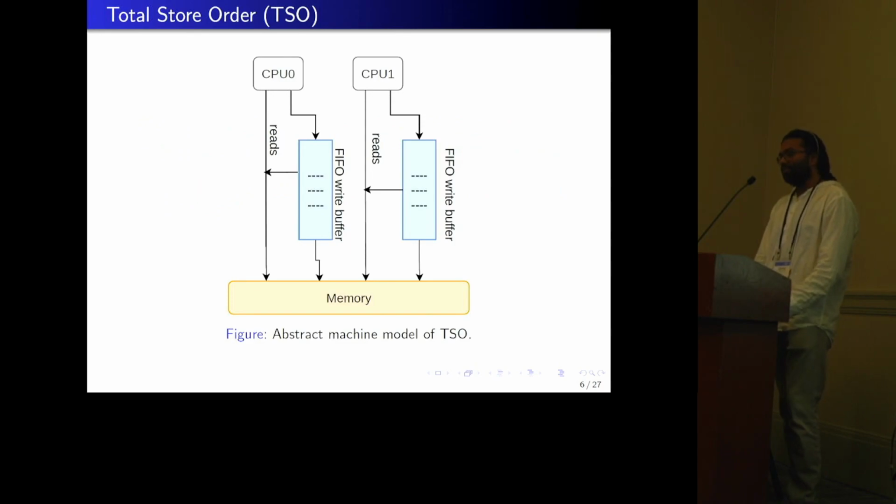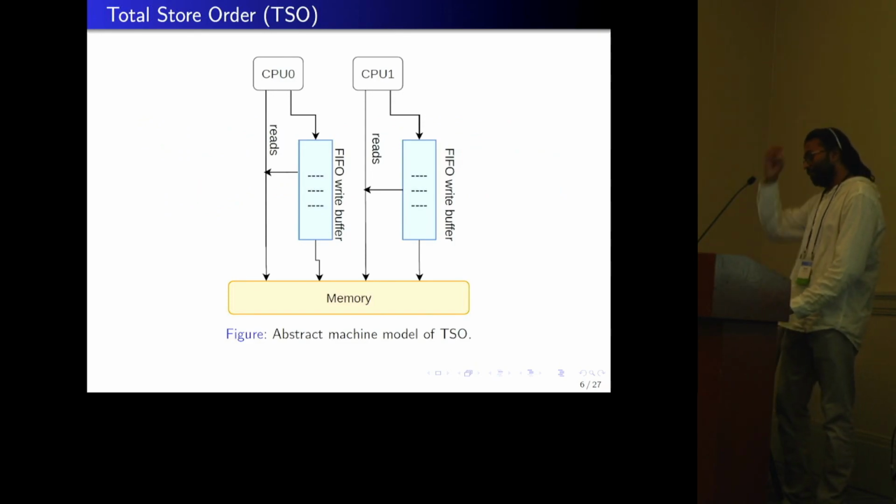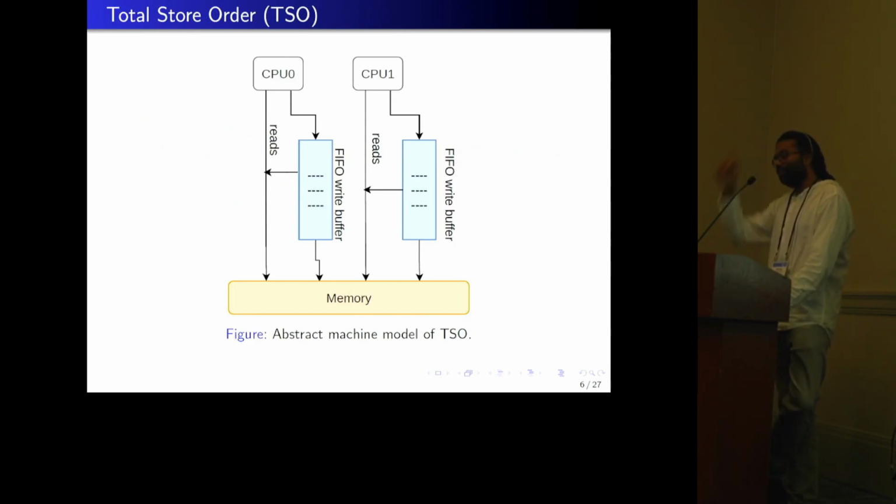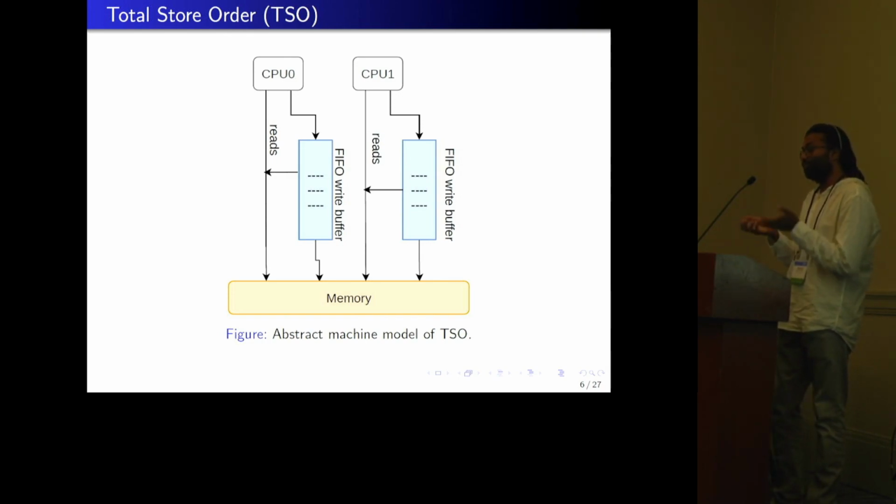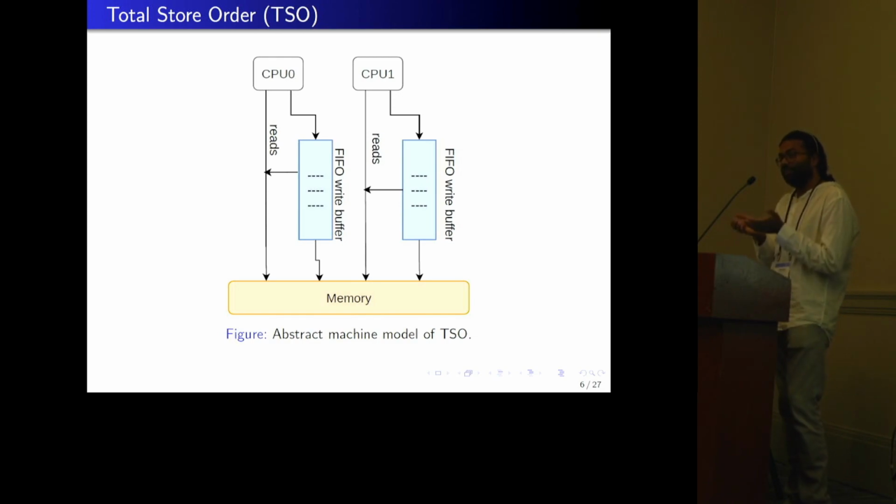One such example is total store order, where each CPU has a FIFO write buffer. Every write issued by a CPU is first just given to the write buffer, and the CPU can continue doing later reads or writes. Reads will first see if there's any update already in the buffer and read from there, or else directly from main memory.